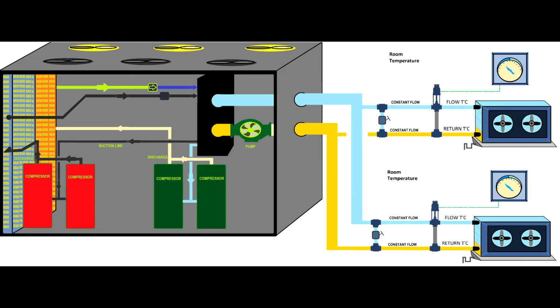Then you can look at the delta T between flow and return, and see if you have the correct delta T. And if you have a big difference in delta T, then I suggest you look at the flow. Maybe you have blockages or blocked strainers, or the pump is slightly damaged, or someone played with the balancing valve. But first things first, check the flow temperature and make sure that the cooling agent has the right temperature.